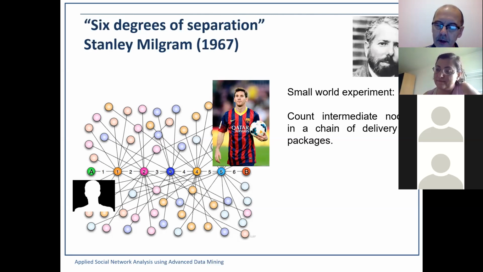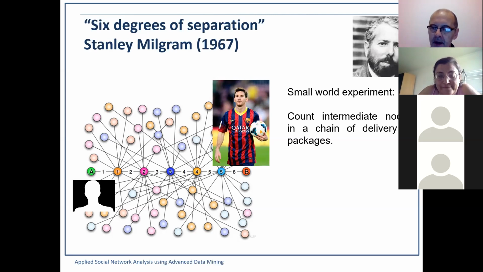Just send this letter to someone you know and ask this person to do the same. And once the letter arrived at the person where it was supposed to arrive, this person had to send the letter back to Stanley Milgram.